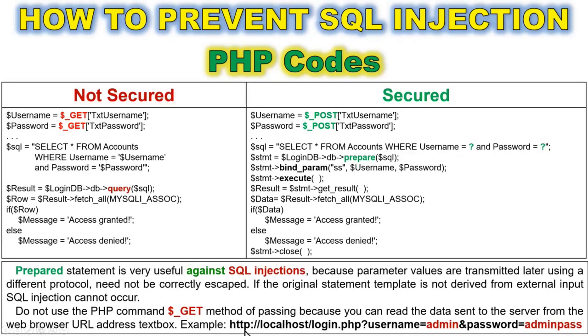For example, http://localhost/login.php question mark, the variable name username, followed by the input value admin, the variable password, followed by the input password, which is adminpass. Use instead the $_POST, so that it will not display the entered information in the URL address when you click the login button.